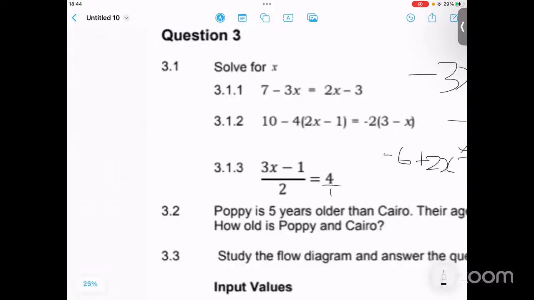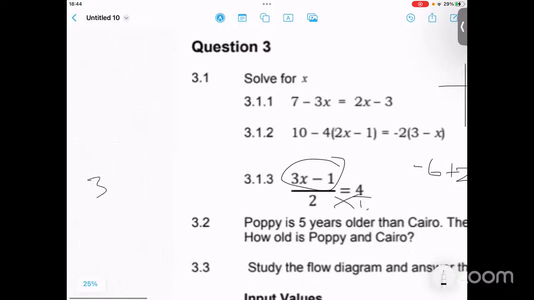So what you're going to do here, you're going to cross multiply. The 1 is going to times everything, and it's going to remain the same. So it's going to be 3x minus 1, and then the 4 is going to multiply the 2 because it's cross multiplying. So it's going to be 4 multiplied by 2, which is equal to 8. Okay, now you can continue.